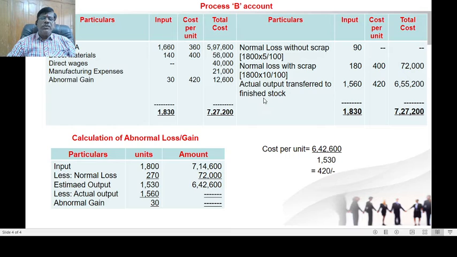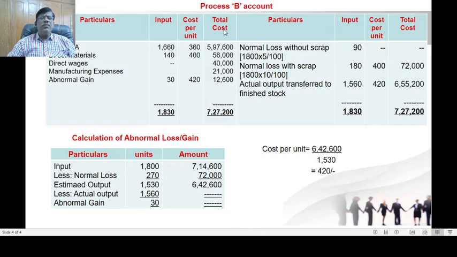Before transferring to finished stock or the next process, we have to calculate abnormal loss or gain. It is the simple method, using this format. You make 3 columns here: particulars, units and amount. Then input is 1,800, that is 1,660 plus 140, 1,800 units.